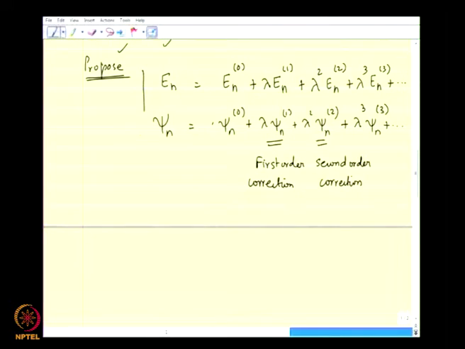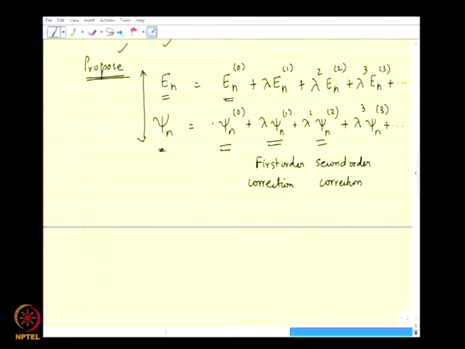You see that the values of En and psi n are En 0 and psi n 0 if the perturbing Hamiltonian is not there, which makes sense because that is what we have assumed, and therefore we are adding correctional quantities, corrections to the exact value in the form of these, and our objective is therefore to obtain En1, En2, maybe En3, but I will not do it in this course.